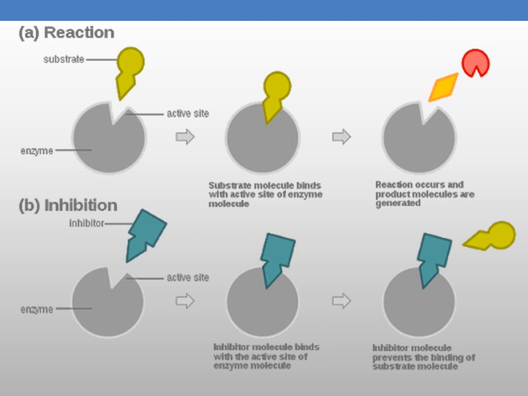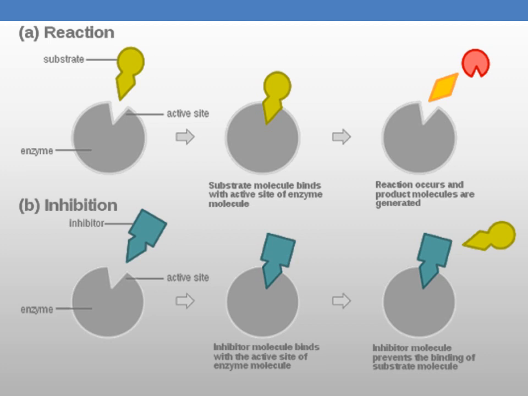How do the inhibitors work? See, look at the first picture, without inhibitor. The substrate binds onto the enzyme and then forms products and desorbs from the enzyme. Here, when the inhibitors are there, the inhibitors bind themselves at the active sites and there are no active sites for the substrates to bind.